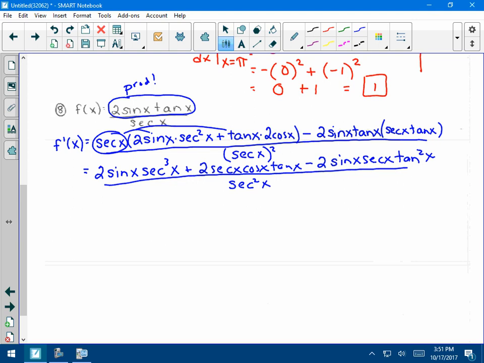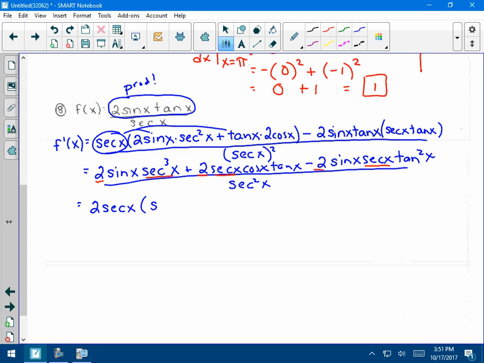Now the reason I did that was to see what I could factor out at the top. I've definitely got a 2 in every term, and I also have a secant. I have 3 secants there, 1 there, 1 there. So I can pull out 2 secant of x, and that leaves me with, oops, sorry, the 2's out, took that 2 out.